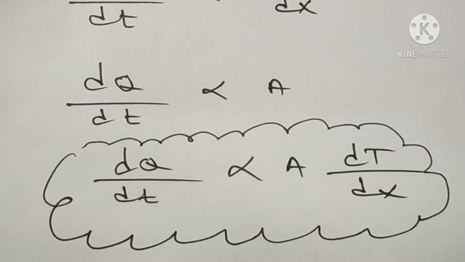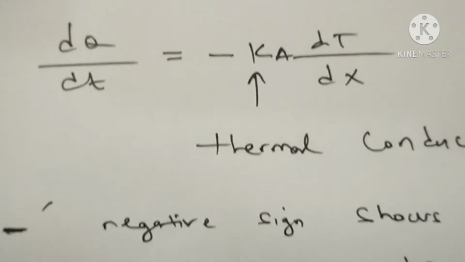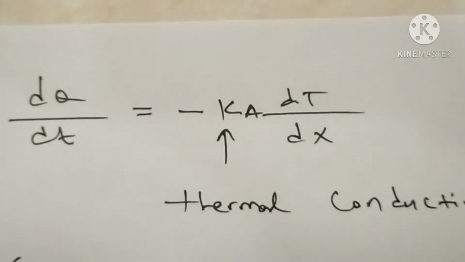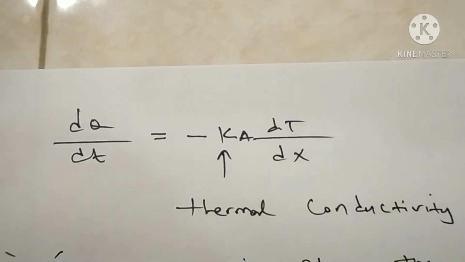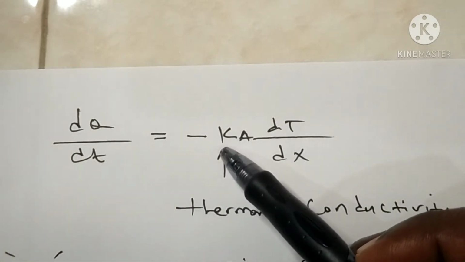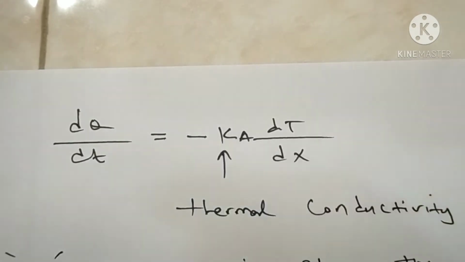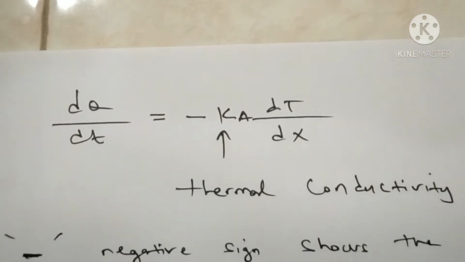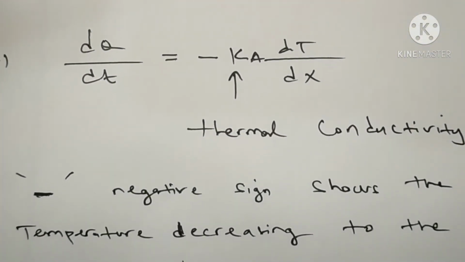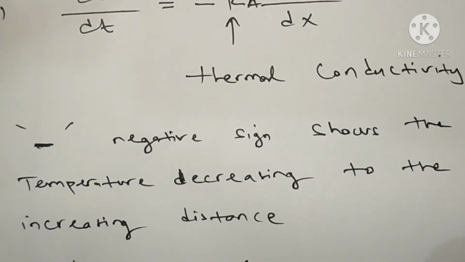You can rewrite the equation into this form, where K is the constant known as the thermal conductivity of the material. And the negative sign shows the temperature decreasing with increasing distance.